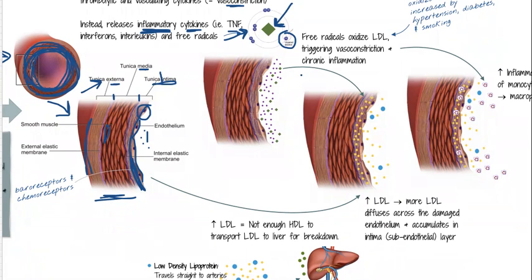Okay, they're already at the site. And basically what it does is it steals one of those electrons from the LDL. And now you've got this LDL that doesn't have its equal number of electrons, and now it's unstable, right?